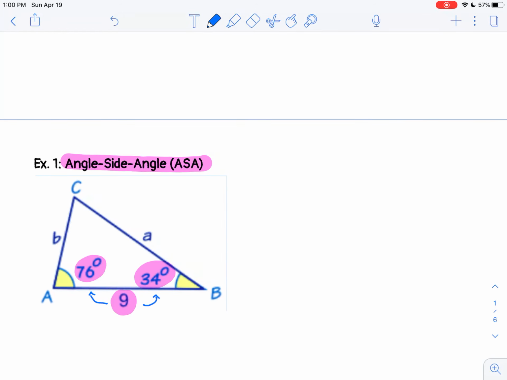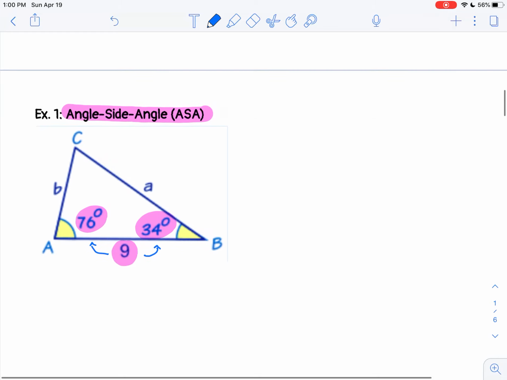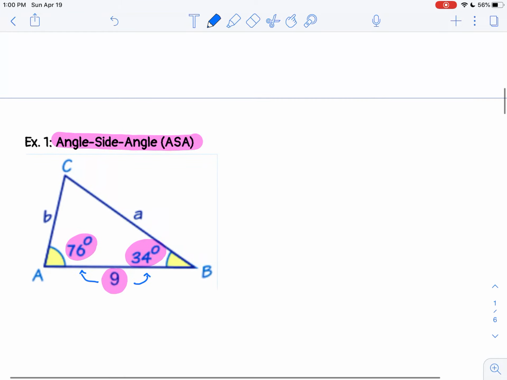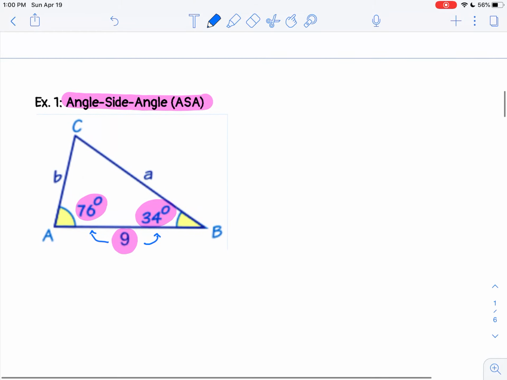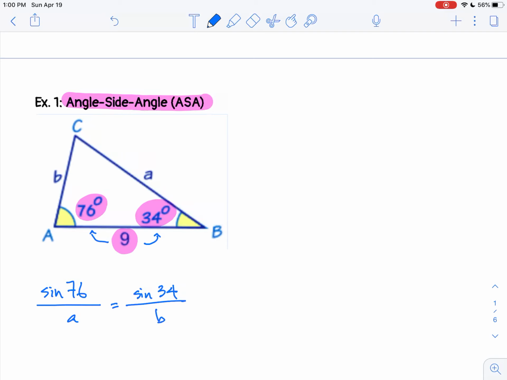After you classify your case, what's really useful is to go ahead and write out the whole law of sines and see what information you have, okay? So let's write out the law of sines, filling in the numbers that we have. So over here, I have sine of 76, because that's my A, over little a, because I don't know it, so I can't fill it in yet, equals sine of 34 over little b, I don't know that one either, equals sine of capital C over 9, okay?